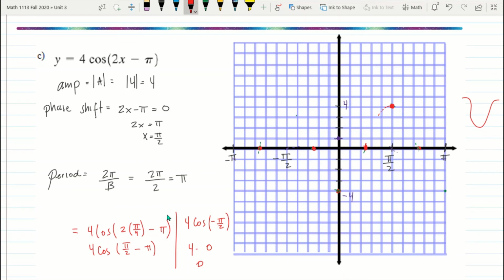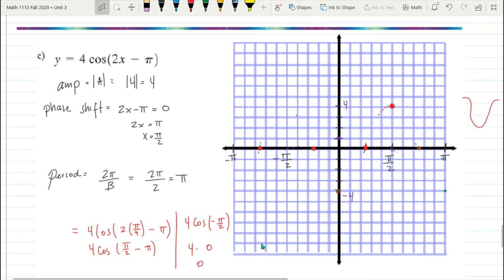So the next value is, what if I plug in 0? Well, if this is 0, then you're evaluating cosine at negative pi, right? What is cosine at negative pi? Is negative 1. Negative 1 times 4 comes out to be negative 4, right?